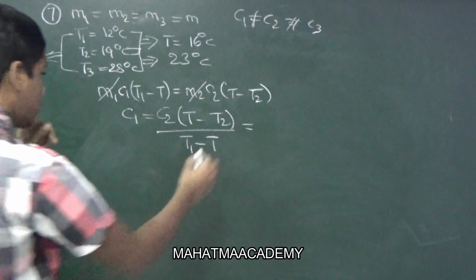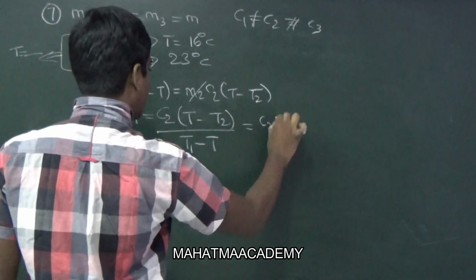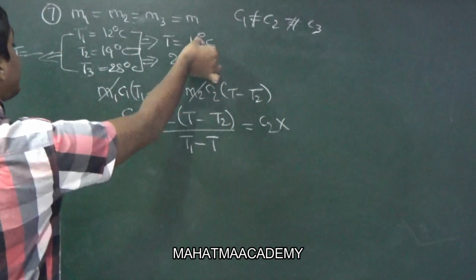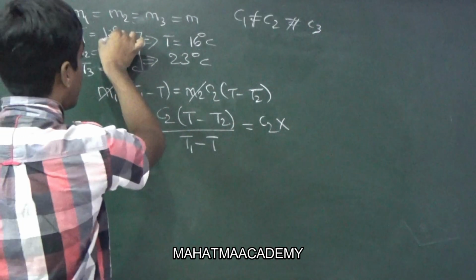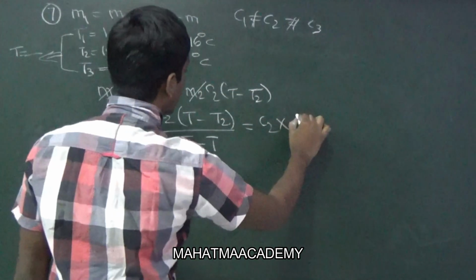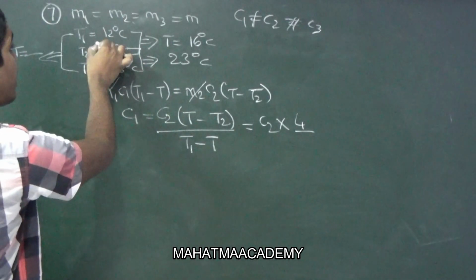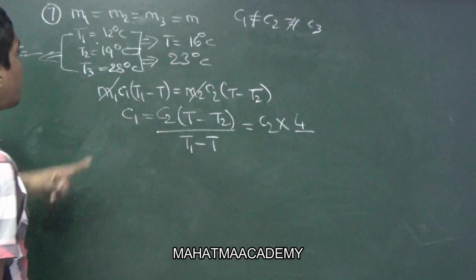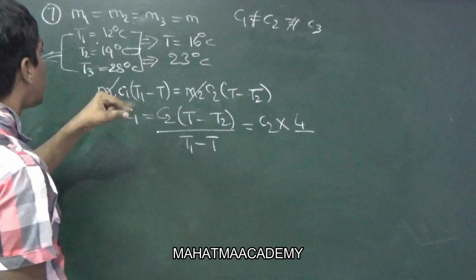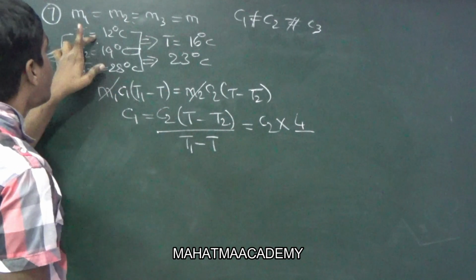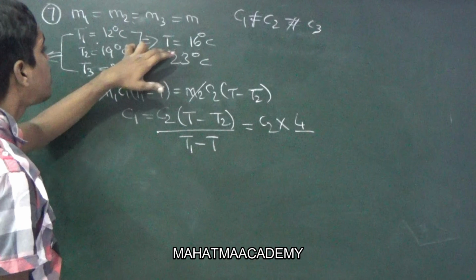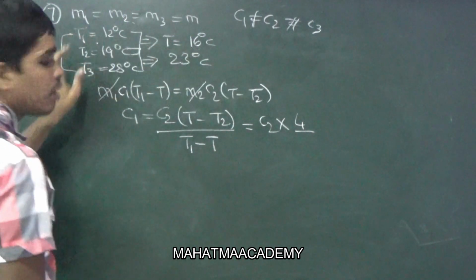Now it is C2 into temperature, 16 minus 12, it is 4, upon T1 minus T. Well, one second. Here when T1 and T2 are mixed, this T is equal to 16.